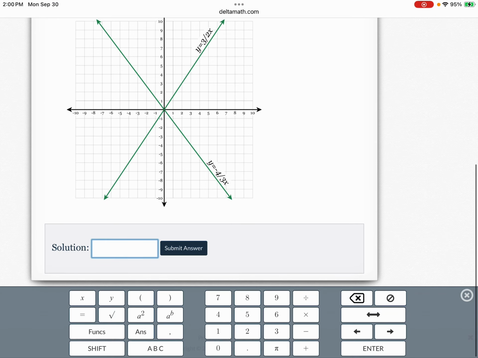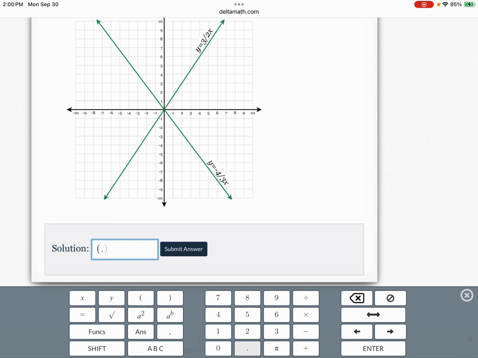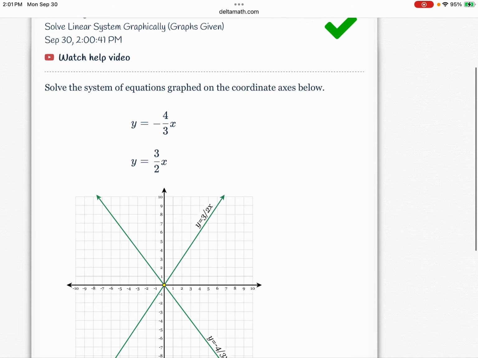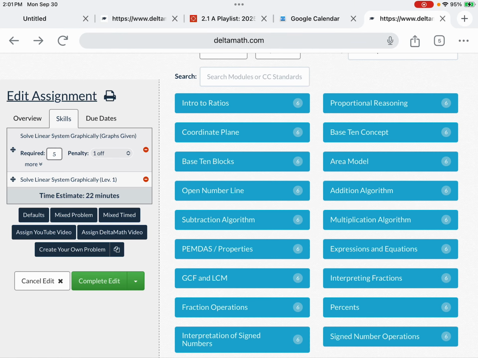So you're just going to write the coordinates of the point where they meet. In this case, this is 0, comma, 0. Okay. You're just identifying the coordinates of the solution.